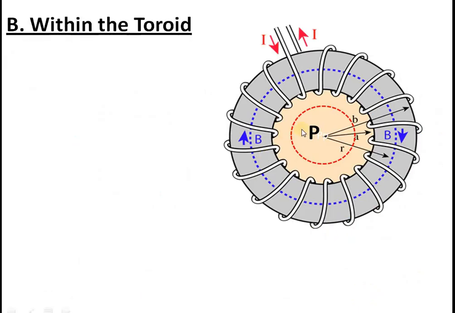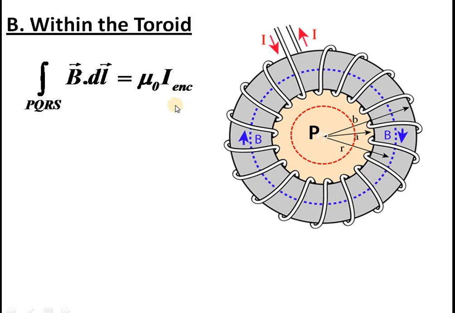Now come to within the toroid. That means at this point, any point here within this dumbbell shape. It is called a dumbbell shape, something like the vada which we make in our kitchen. P is any point inside, and we assume a closed path.